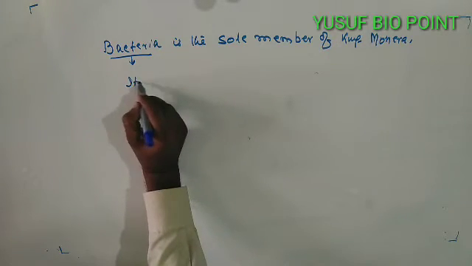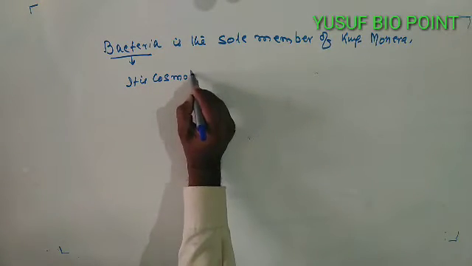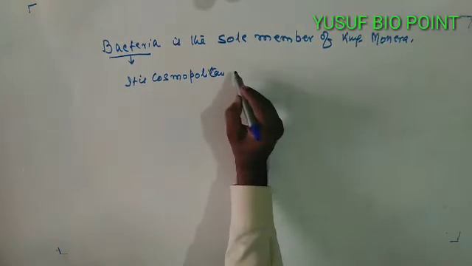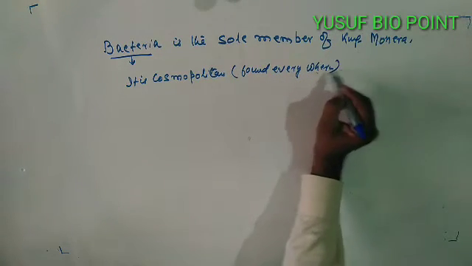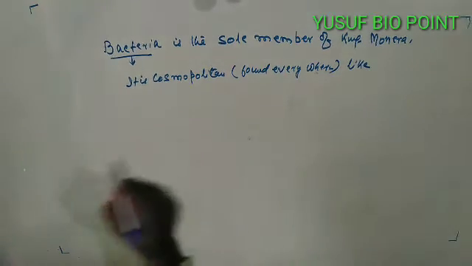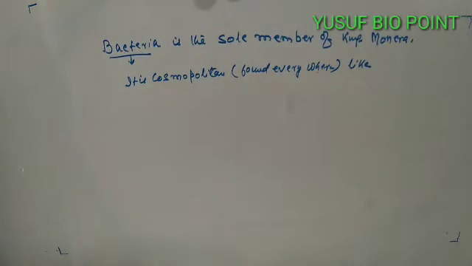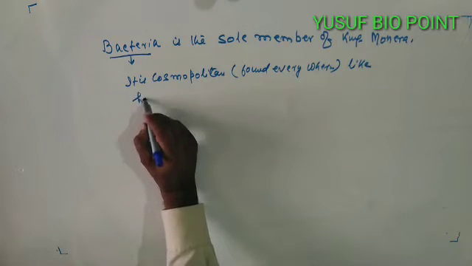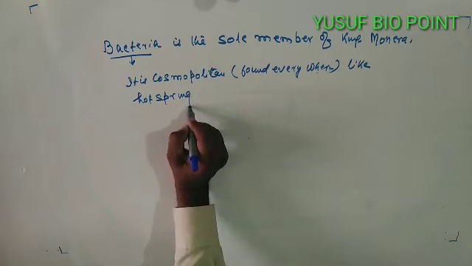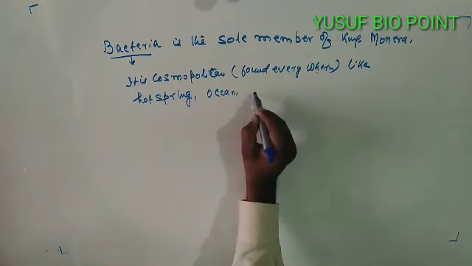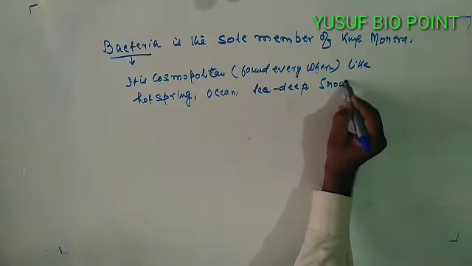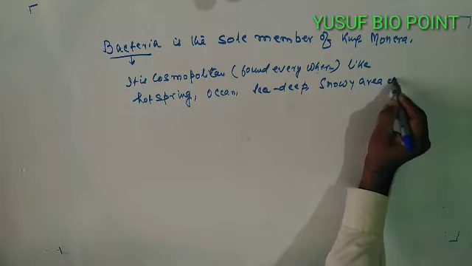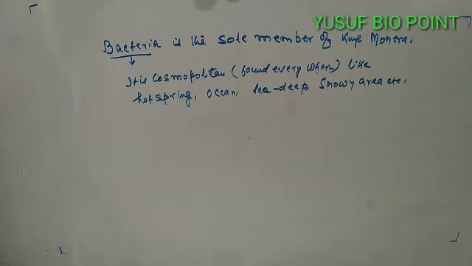Bacteria is cosmopolitan, meaning it is found everywhere, like in hot springs, oceans, deep sea, snowy areas, etc. That's why it is found more or less in all places, in different conditions.